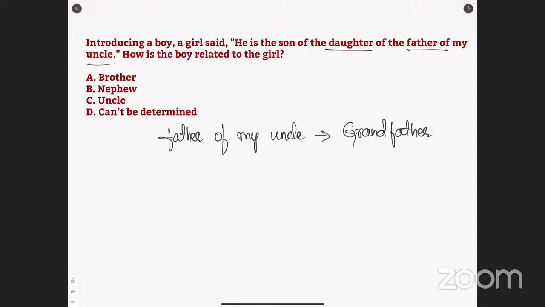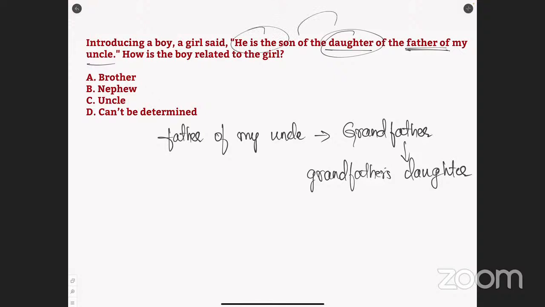Okay. Now, he is the son of the daughter of the father of my uncle. So now grandfather's daughter. In this case, let me write down as it is, grandfather's daughter. Okay. Now, he is the son of such particular person.